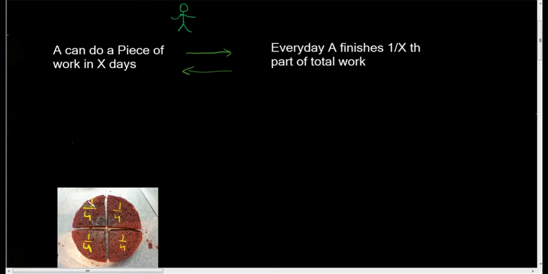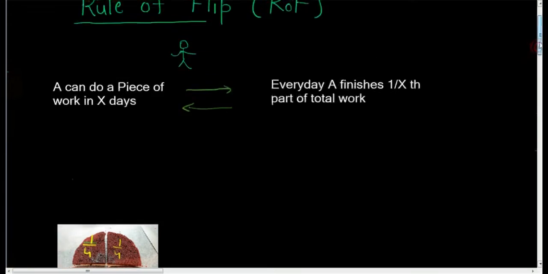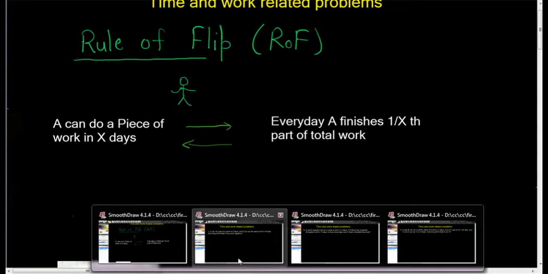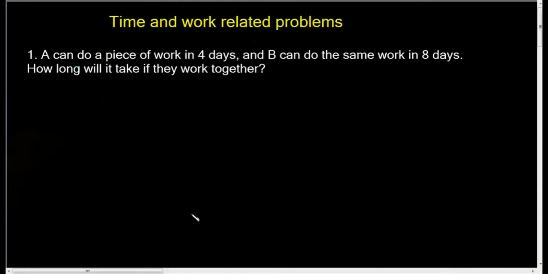So he eats 1/4 of the total cupcake every day, right? And if we are given that he finishes 1/4 every day, then he'll take 4 days to finish this task. Now this is a rule of flip. So we'll do some examples related to this. So we start this example.